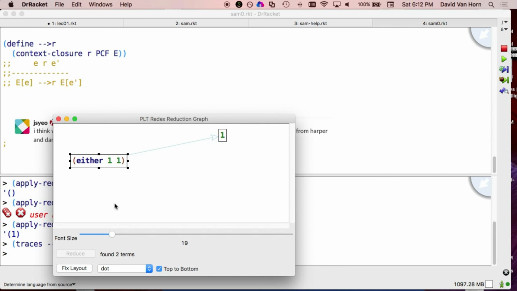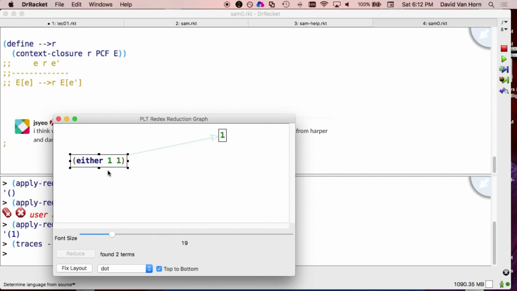So one thing you could do is define alpha equivalence, and then if things step to two terms that had different representations but were alpha equivalent, they'd be collapsed into one in the graph here. Sure. Yeah. I mean, if you can define it as a reduction relation, you can do it here.